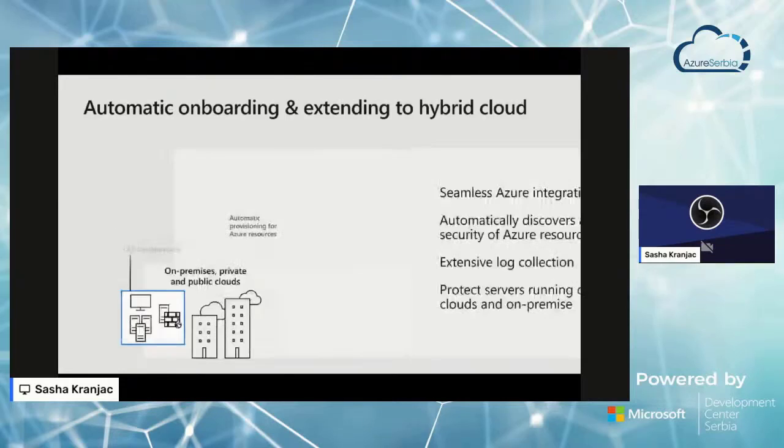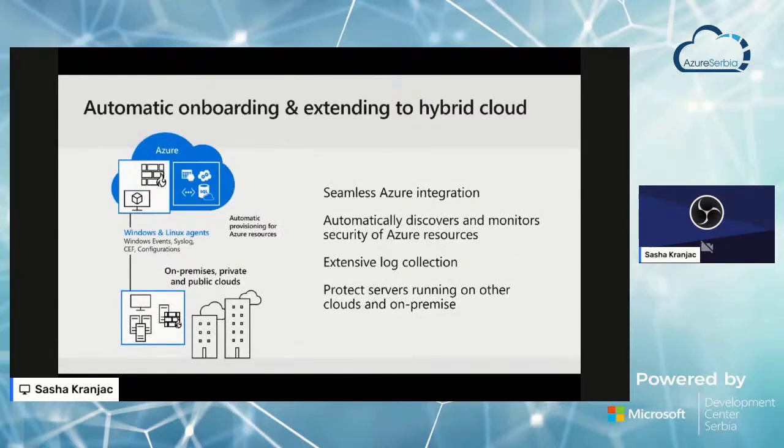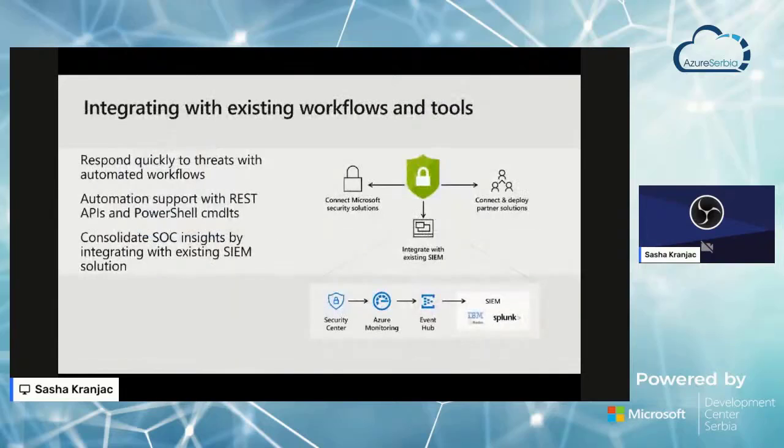So, like we mentioned, we have automatic onboarding and extension to hybrid cloud, using Common Event Format or syslog for Linux, or Windows events for Windows, as well as integration with existing workflows and tools. If you want to connect, for example, Radar or Splunk, there is a possibility to do that as well.